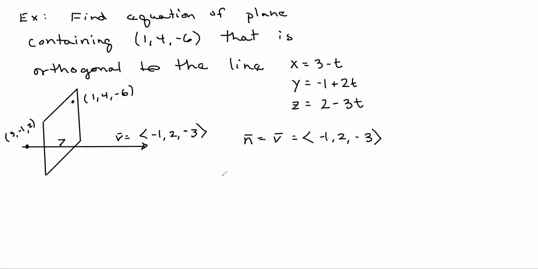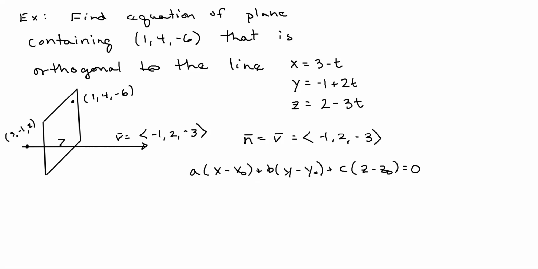And then from there, it's just a matter of going through and plugging in the point and the normal vector into the plane equation, right? So we have a times (x minus x naught) plus b times (y minus y naught) plus c times (z minus z naught) equals 0.